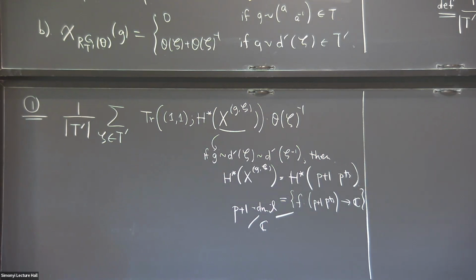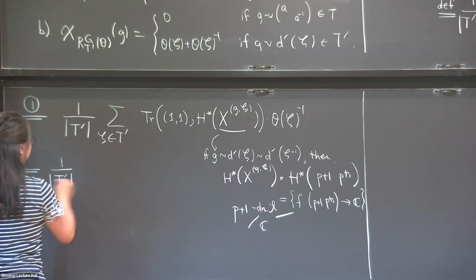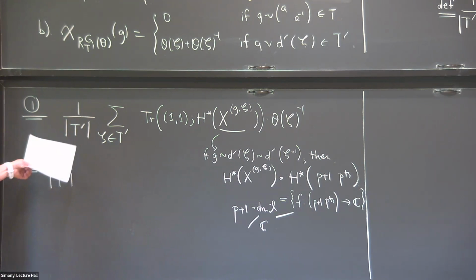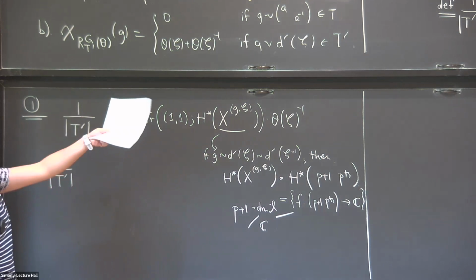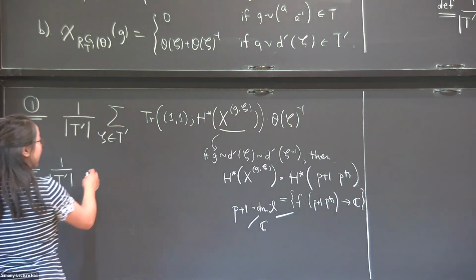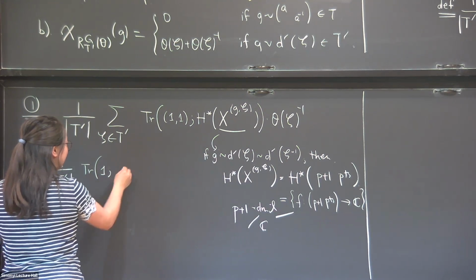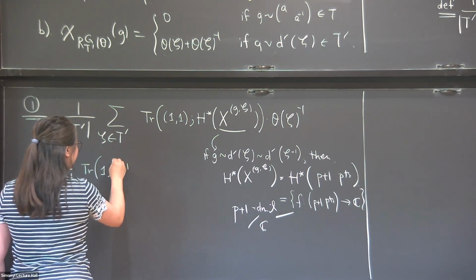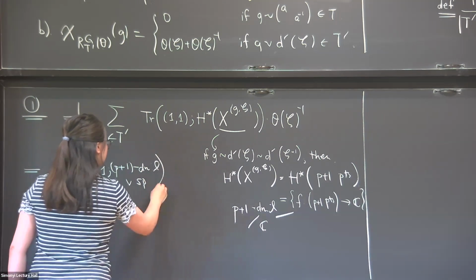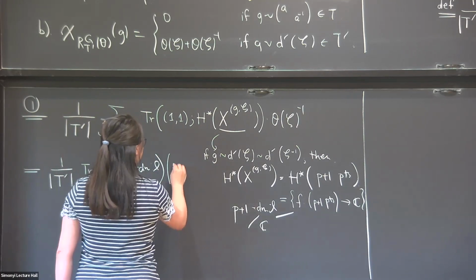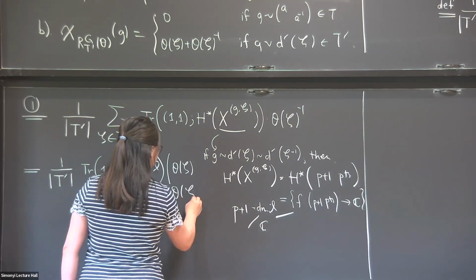Okay, so that means that what I'm getting over here is 1 over this, this number stays the same. Now I'm only picking out zeta and zeta inverse, the zeta and zeta inverse corresponding to my g here. And I'm going to be getting the trace of the identity acting on a p plus 1 dimensional thing multiplied by theta of zeta plus theta of zeta inverse.